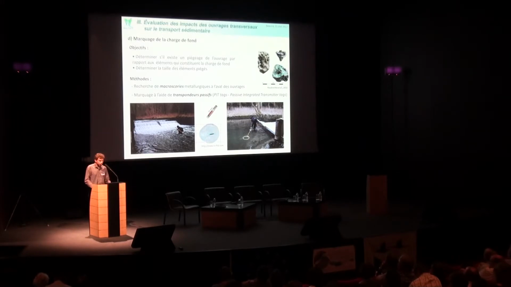So we used 2 types of markings, one of them called microscories. We could find here the different holes dug downstream. We thought possibly products could have been spilled into the river by local industries and could give shape to these types of characteristics.